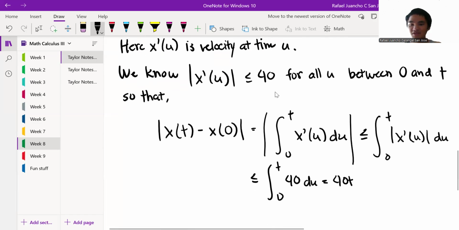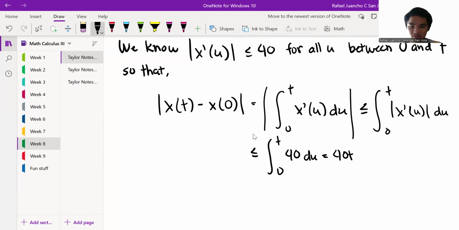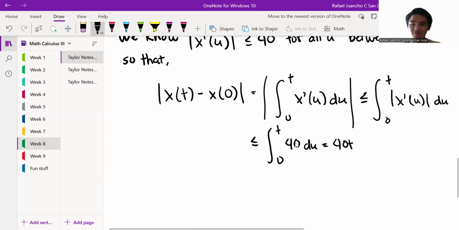That's basically what it means. And there's just a mathematical way of writing it, right? If we take the absolute value of this integral, then we can take the absolute value of whatever is inside the integral. And then we say it's less than or equal to 40. Then we integrate that thing.